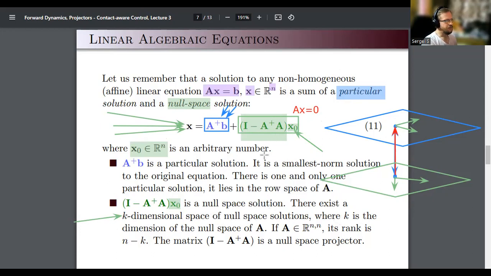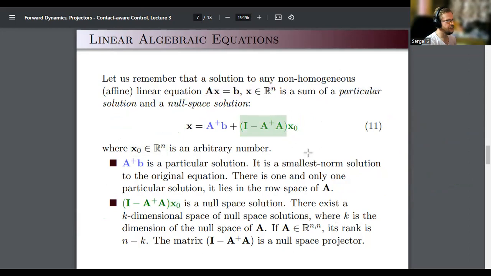That's it, right? By the way, also just one last detail. This is an orthogonal projector. Orthogonal projectors have various properties which are very nice.